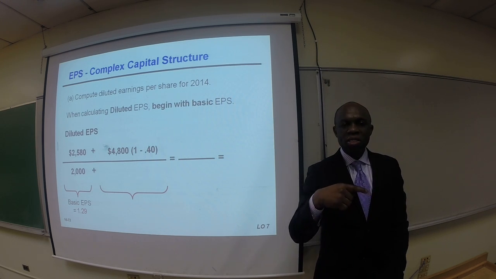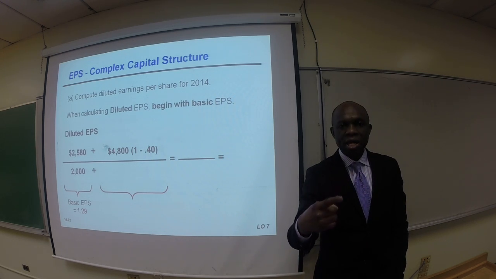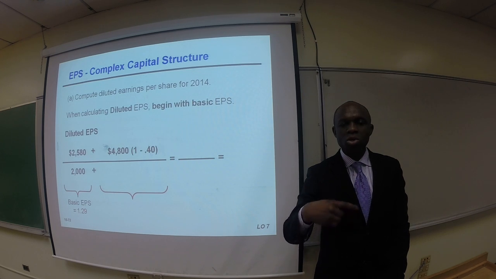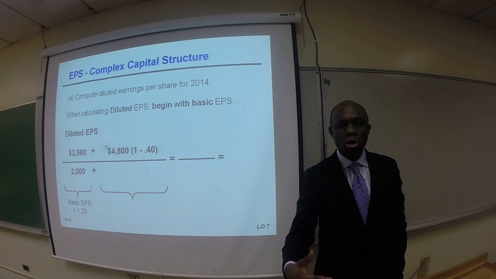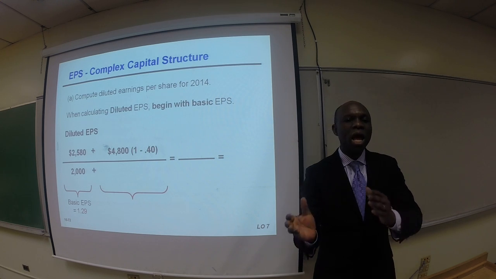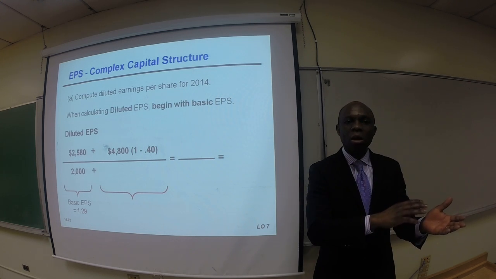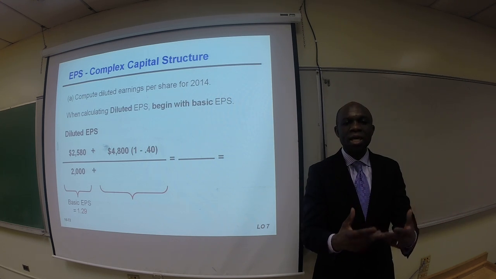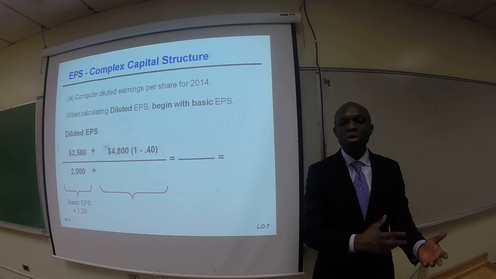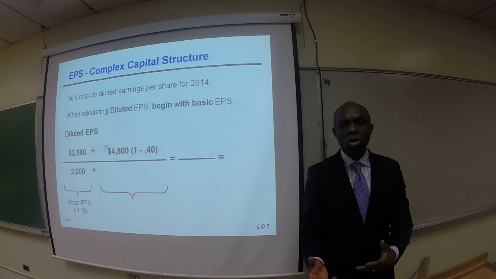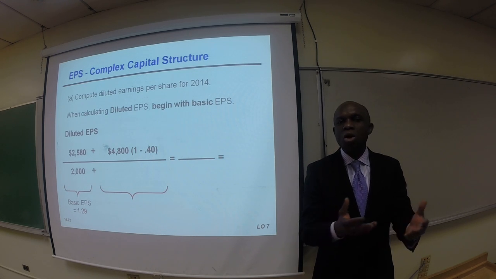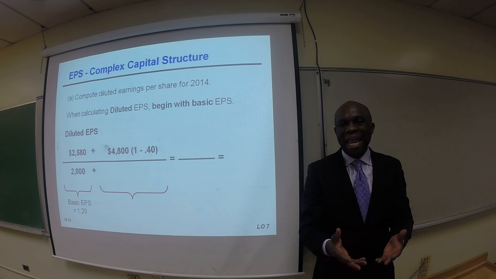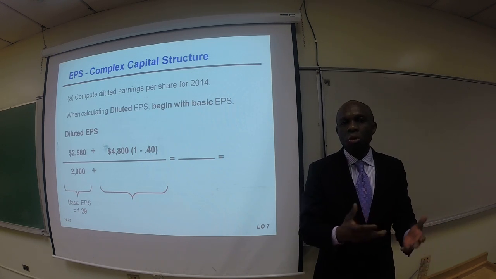The interest expense that was taken into consideration in calculating the net income, we now have to add it back to the net income, because the assumption here is the bonds are going to be converted to common stock. Therefore, the interest expense is no longer relevant for net income computation purposes.